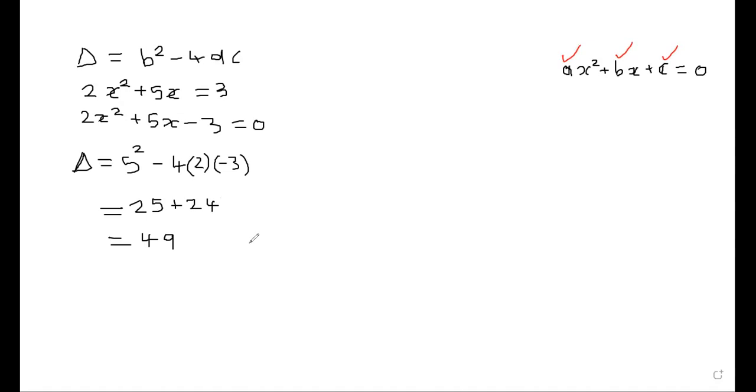So if you check your notes, it says if it is a perfect square or a square number and it is positive, then we have 2 rational solutions. So is this a perfect square? Yes, it is a perfect square. The perfect squares are, is it 4 and what? 9, I think.